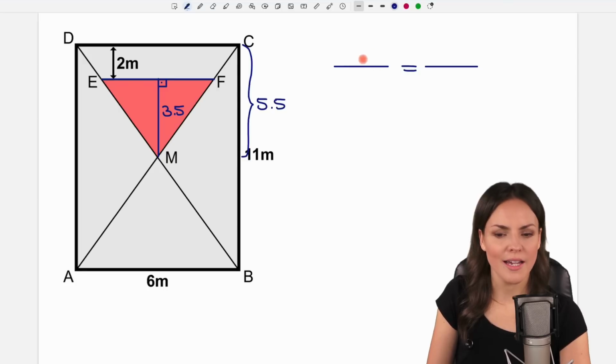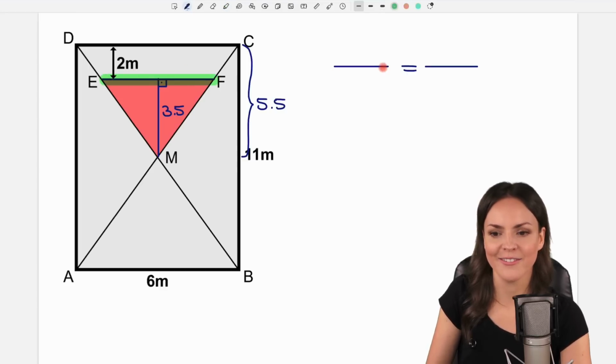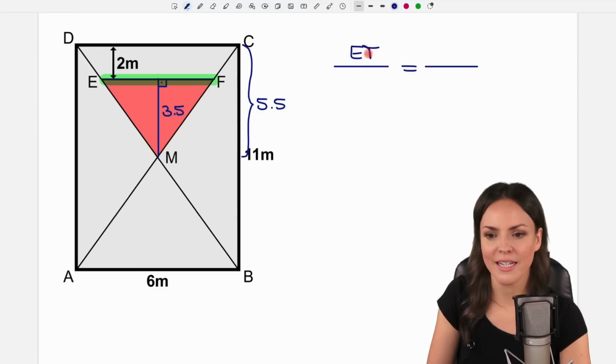So let's pick two sides of our small triangle. Of course, we take the side that we want to find out, so the length of EF, we put it in here. And then we also know the length of the height of our triangle. So the 3.5, we put it in here as well.